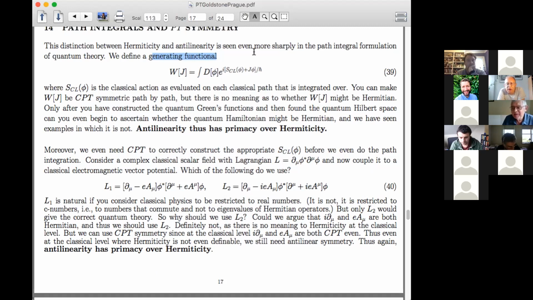Duncan, Joshua, and Frida are still having questions. Duncan. Yeah, thank you, Philip, for a nice talk. I have two little questions really, but the first one is underneath your equation 39. You say that S classical phi is the classical action as evaluated on each classical path that's integrated over.